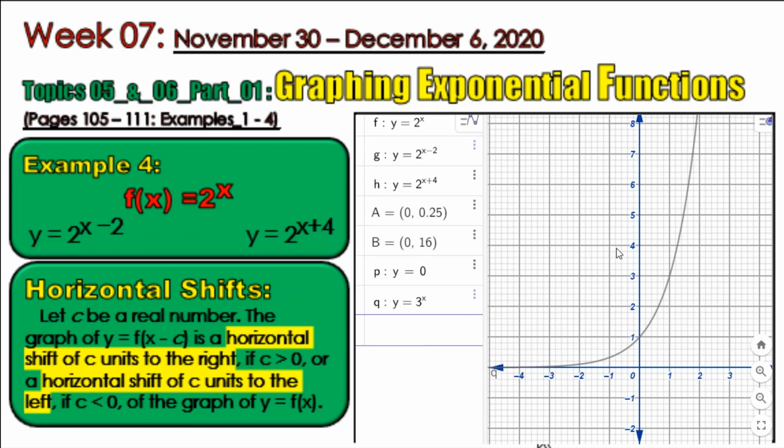If you will be moving to the right, your c must be positive, and we have minus c, so our graph would be y is equal to 3 raised to x minus 2.